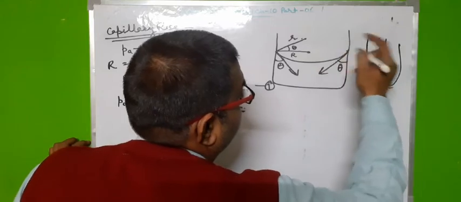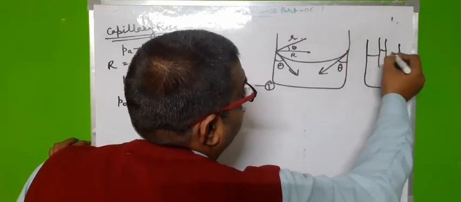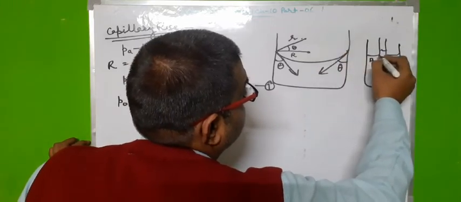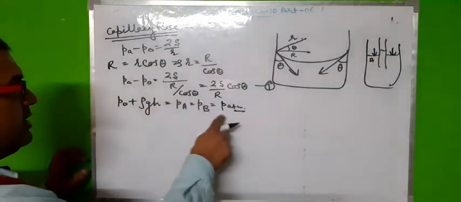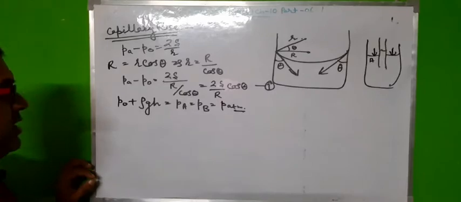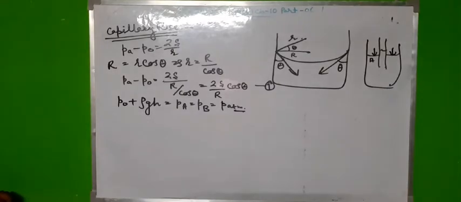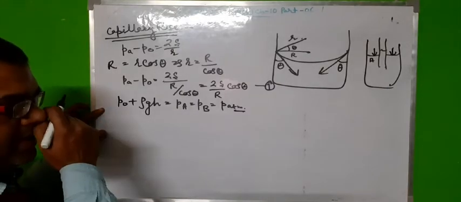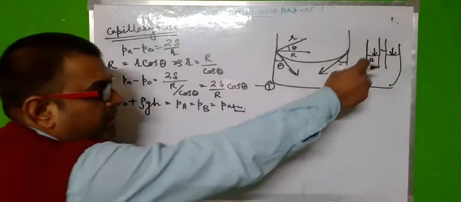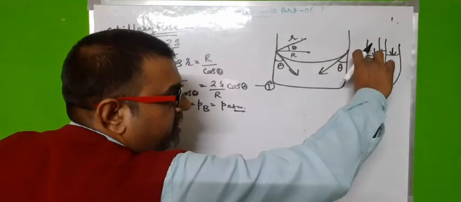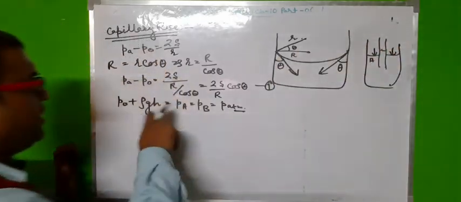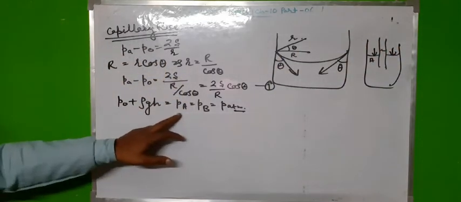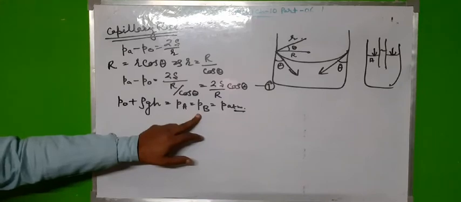Look at these 2 points. Here there is the atmospheric pressure, and this atmospheric pressure is equal to P outside plus rho gh. Whatever the pressure at this height, the liquid is exerting a pressure, that is rho gh, plus atmospheric pressure.